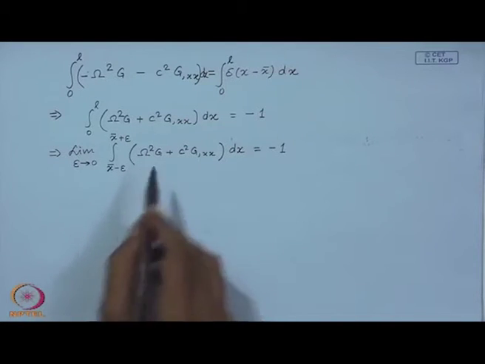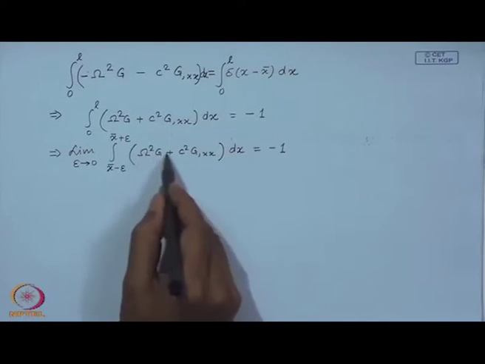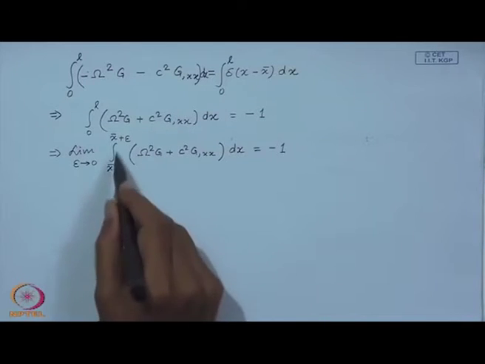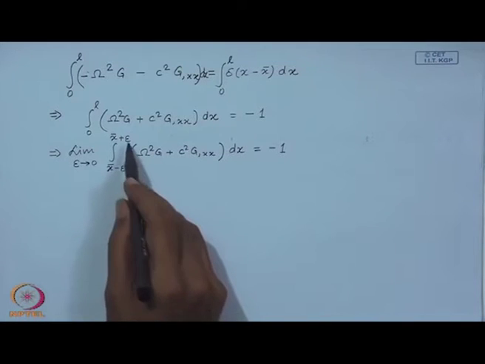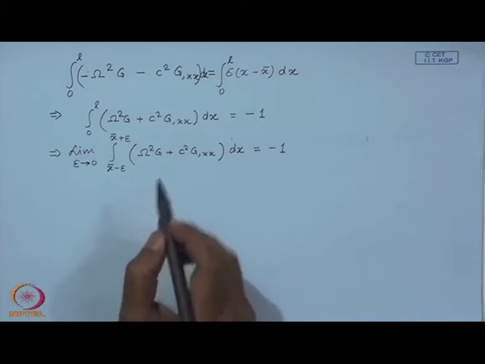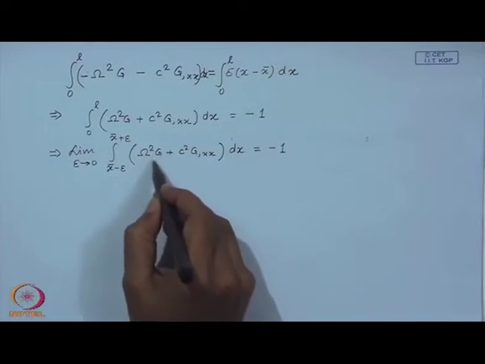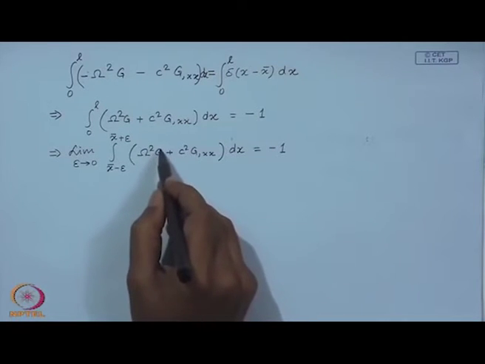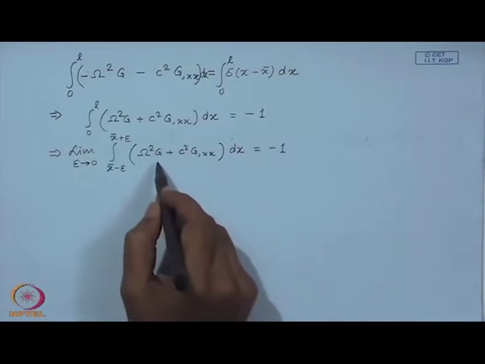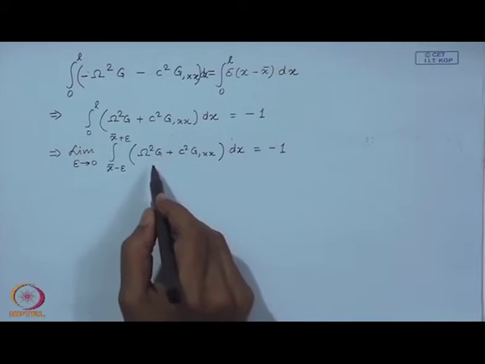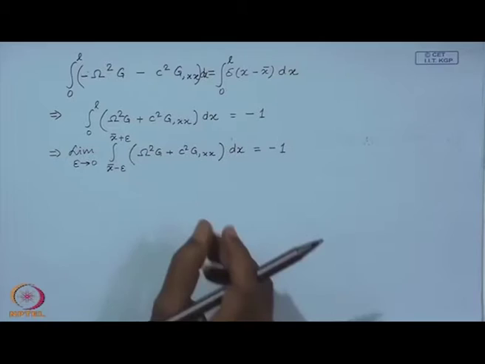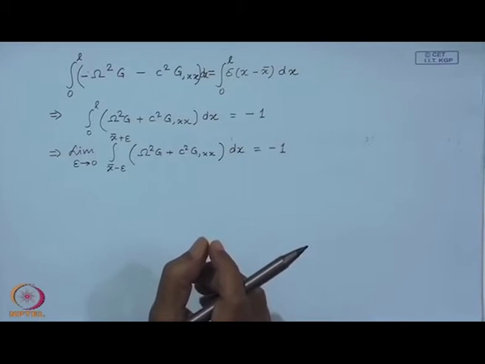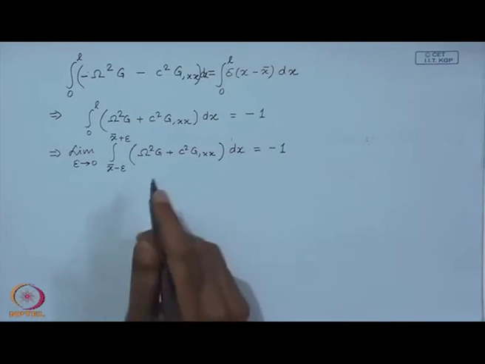So, you see this term, when integrated over such a narrow region from x bar minus epsilon to x bar plus epsilon, since g is a continuous function, as we have already put the condition of continuity on g, for a continuous function g, the integral over a diminishing domain goes to 0.